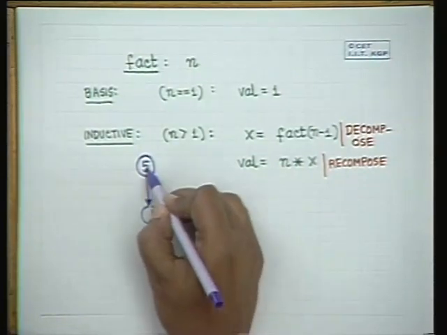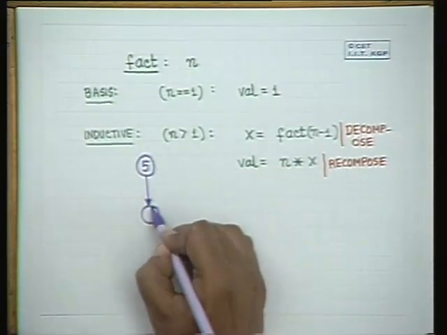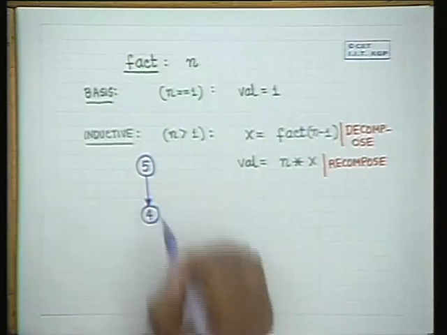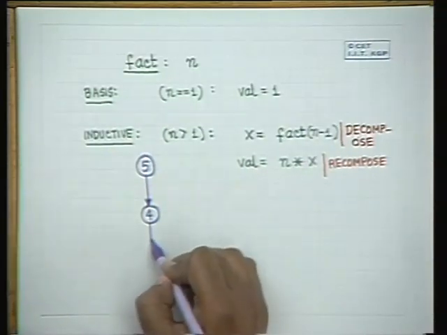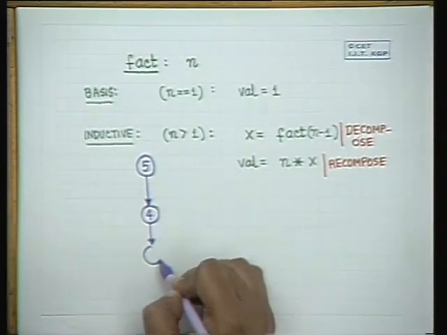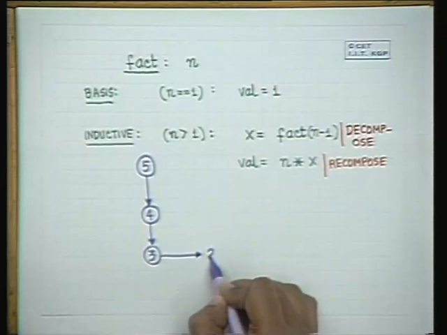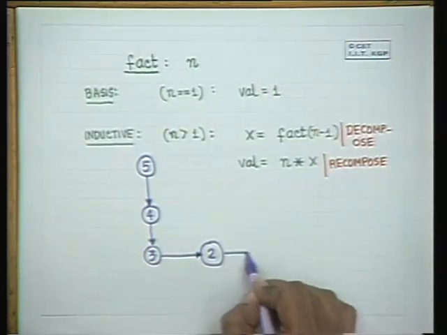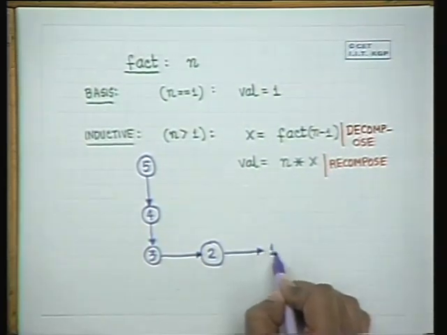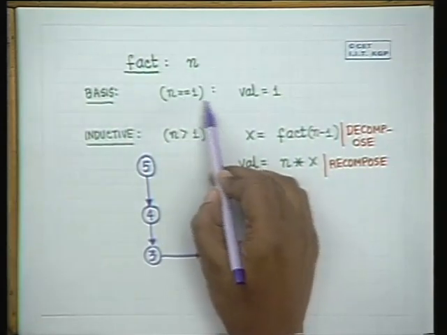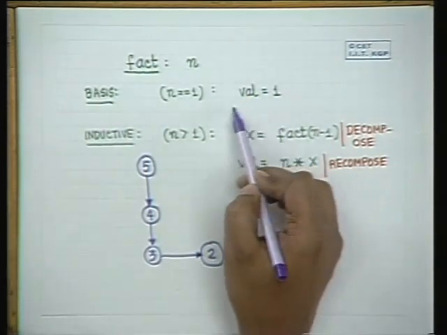The argument is passed through this. Then here this condition holds, the problem is solved.